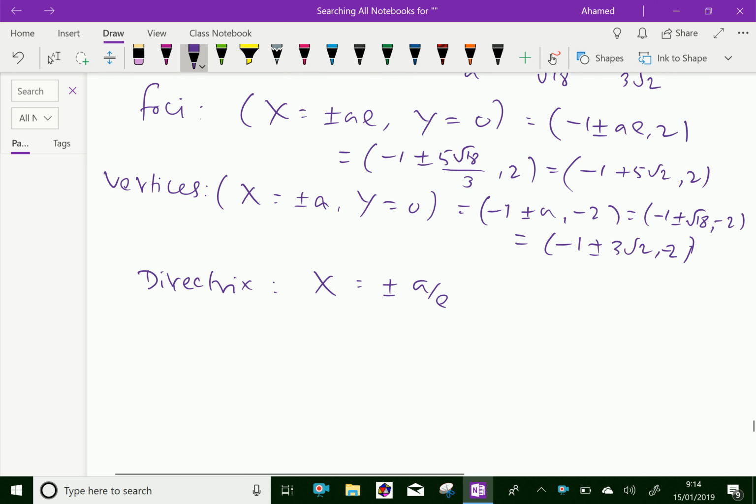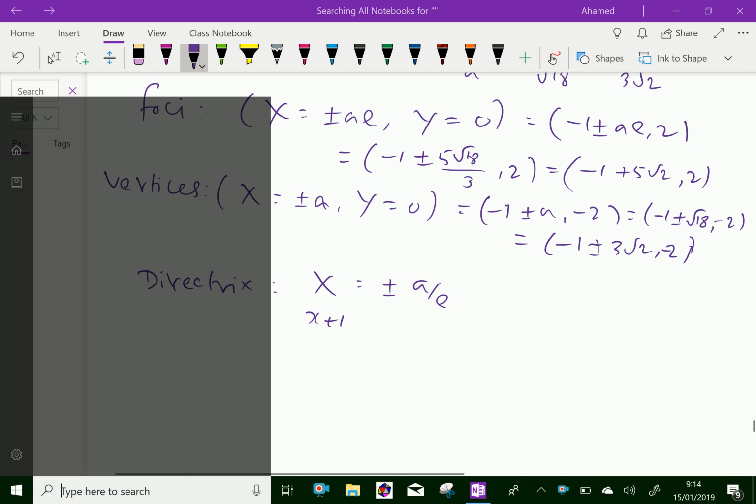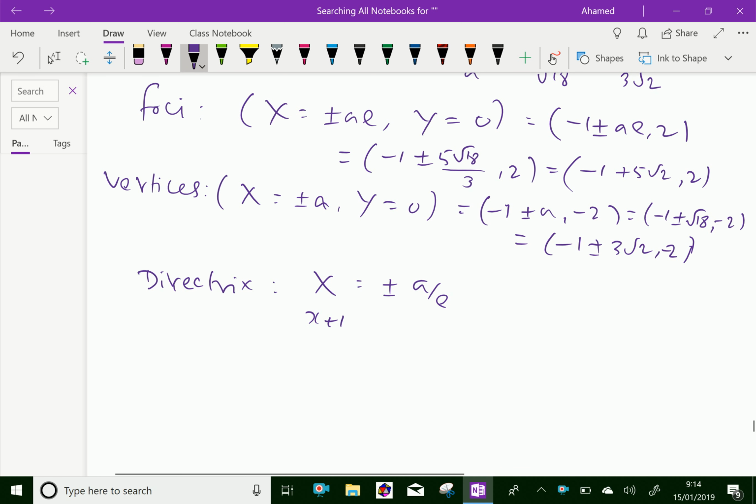Equation of directrix, which is equal x plus 1, because capital X is x plus 1, equal plus or minus 3 root 18 over 5.